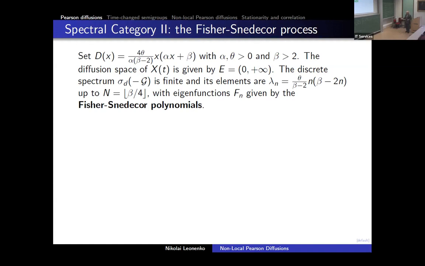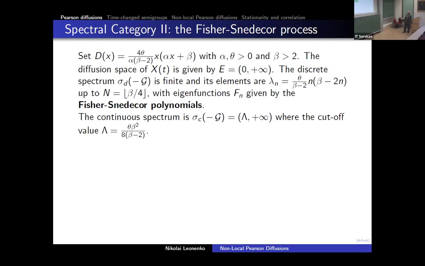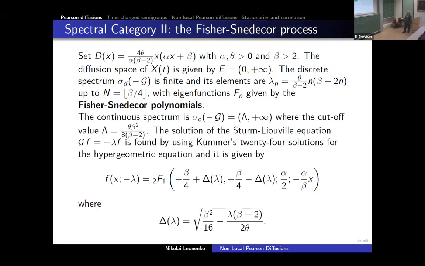That is why we have a finite system of orthogonal polynomials. Okay, and this is the cutoff, and the cutoff is of this form. Lambda is of this form, and we have, well, an essential part of the spectrum in this case. And again, this essential part of the spectrum is not easy, but it can be explicitly expressed in terms of some special function solutions of the Sturm-Liouville problem for this case.